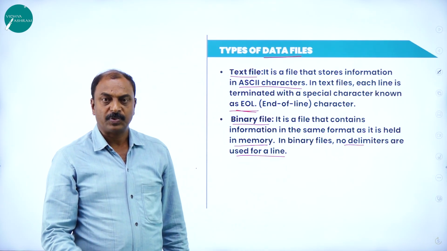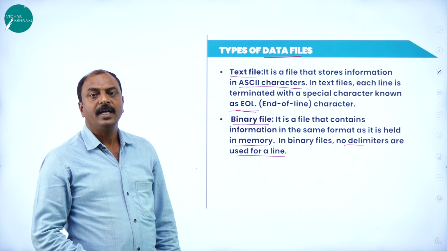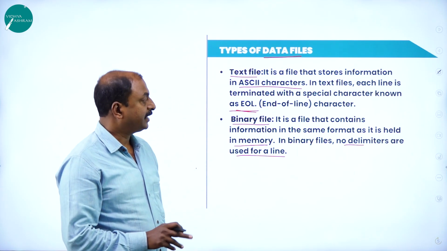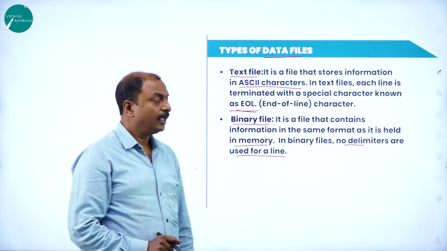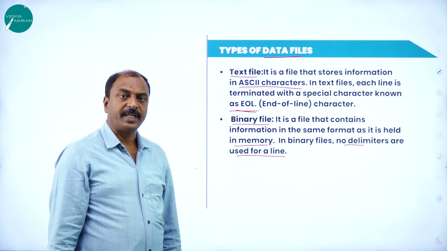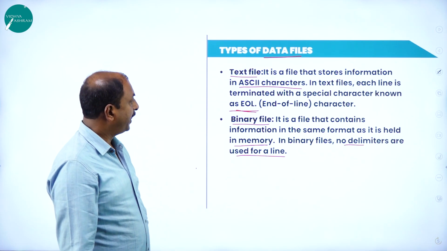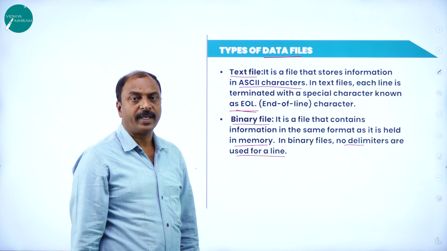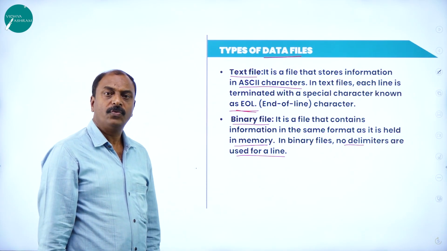So there are two types of file: the text file, which stores only ASCII characters, and the binary file, which stores the information exactly as it was stored in computer memory. A very good example of a text file is Notepad. Another example, for a binary file, is your MS Word file. These are the two different types of files.